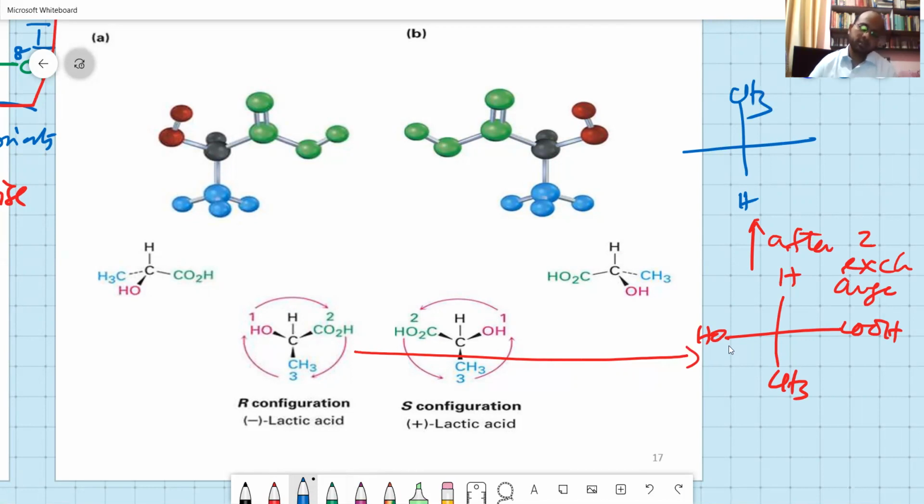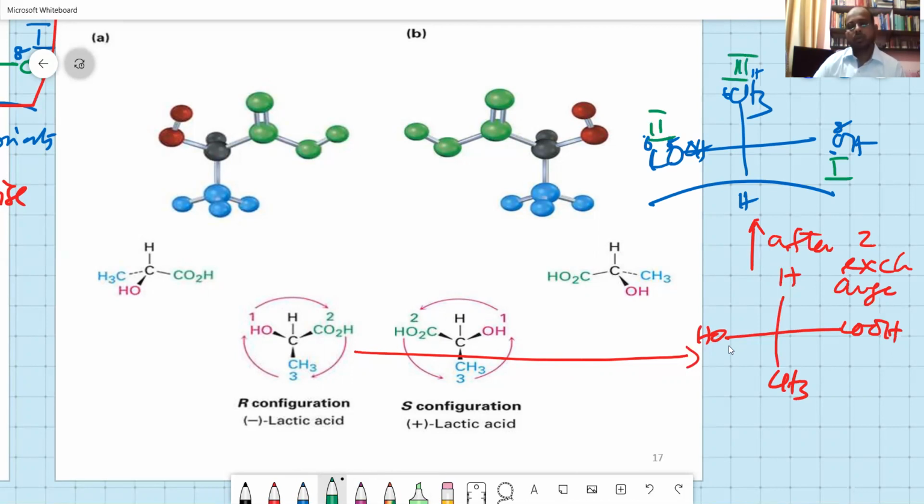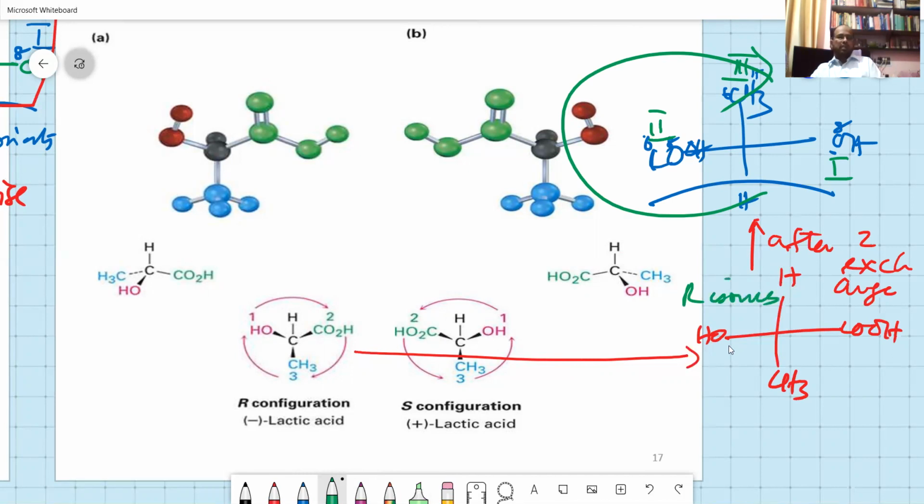Or you can just directly bring it like this, and this OH becomes COOH, and this becomes OH. Last priority H, O highest, C 6. Next atom is oxygen. Here, next atom is hydrogen. So this gets priority 1, priority 2, and priority 3. 1, 2, 3 clockwise. So what has happened here is it is a clockwise rotation, and it is the R isomer.